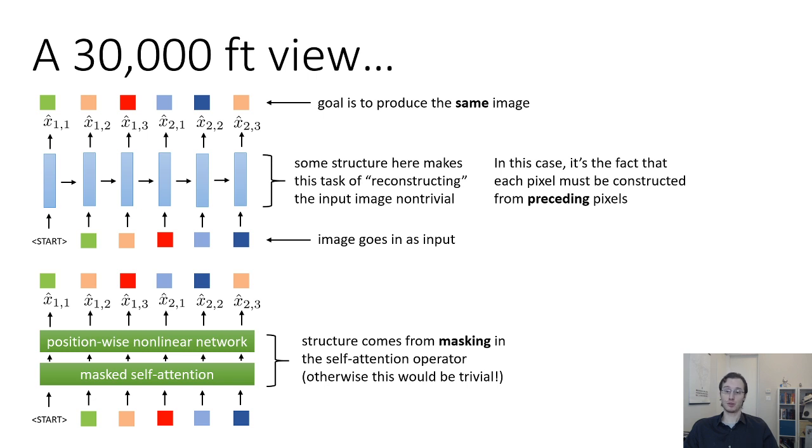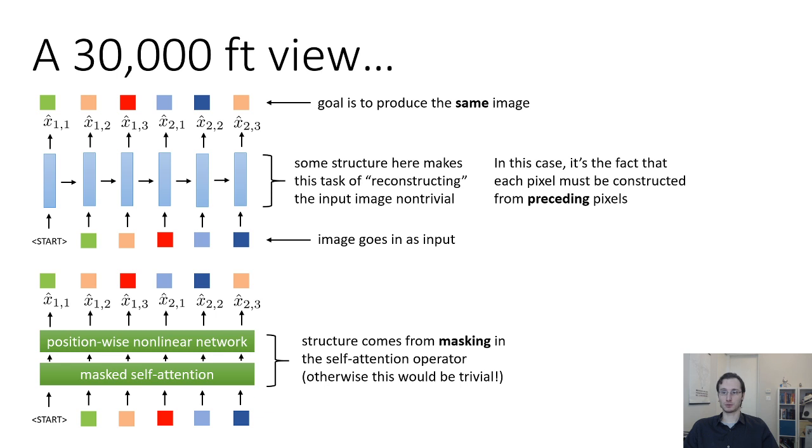There, with BERT, to construct a bidirectional transformer language model, we had to confront this problem head on. We had to ask, what kind of structure can we impose that makes mapping a sentence to itself non-trivial? And we learned at the time that if you just use a regular non-masked self-attention, like you would have in a transformer encoder, then BERT's task would be trivial. So therefore, BERT uses this per token masking to impose structure.